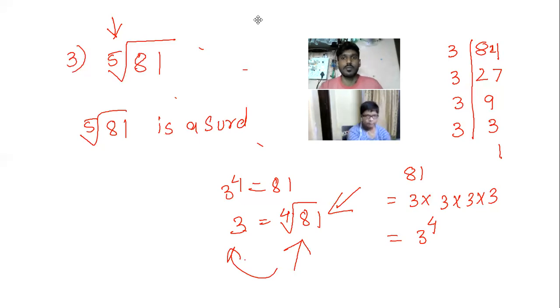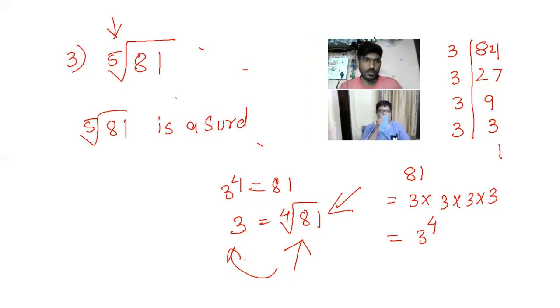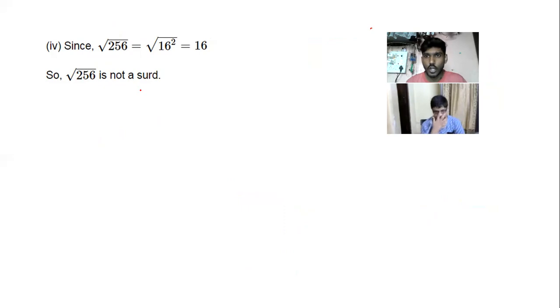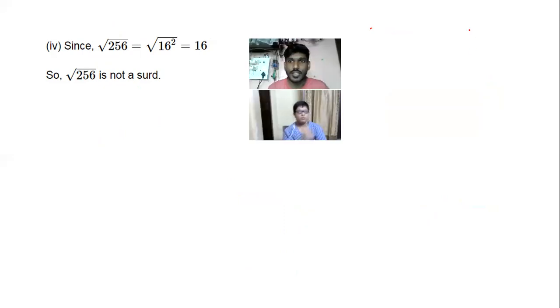Okay, let's move on to the next one. Square root of 256. So this is not a surd. Now let's see why. You first try to find out the prime factors of 256.